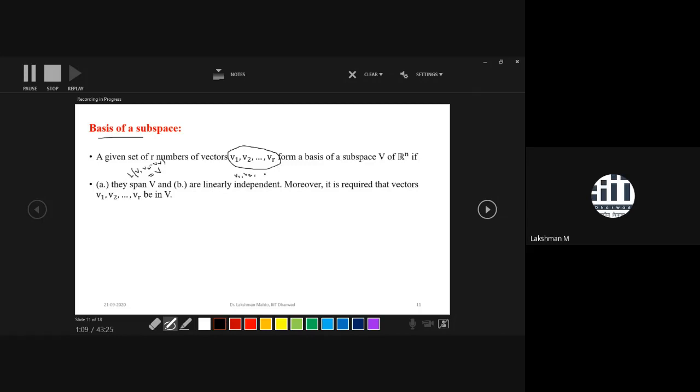So these two are very important for being a basis of a subspace.